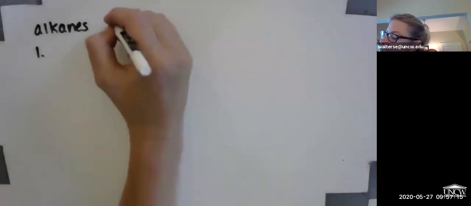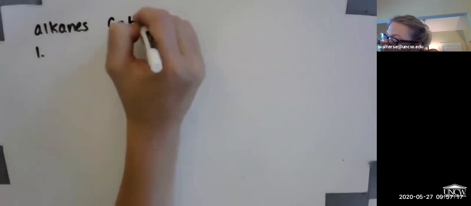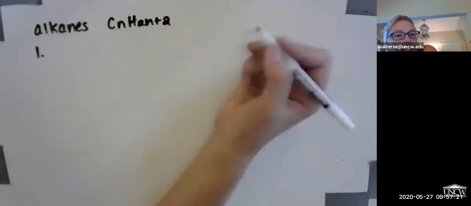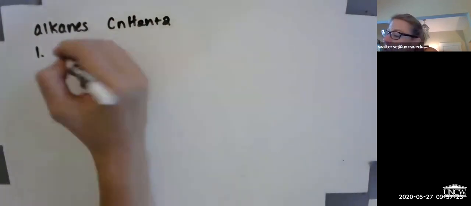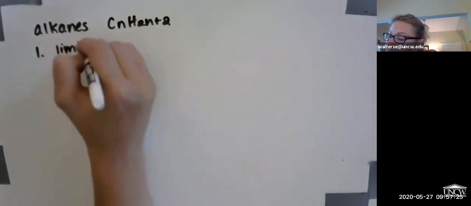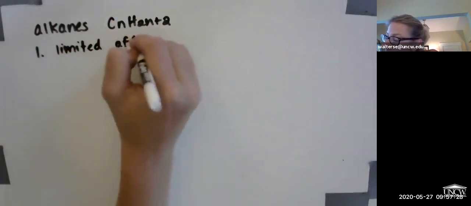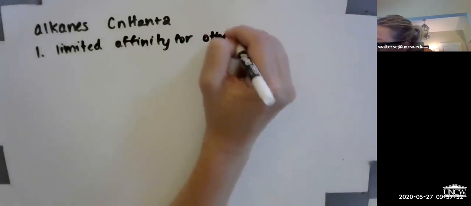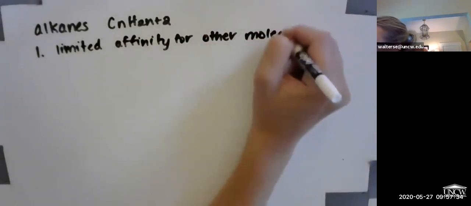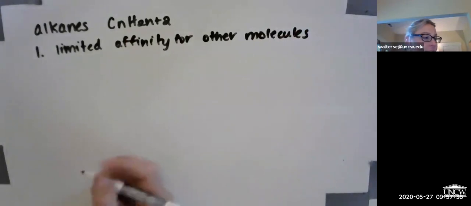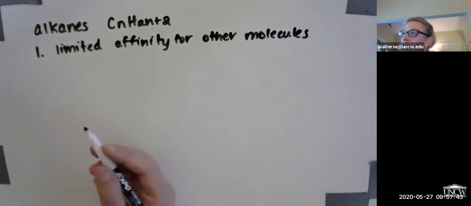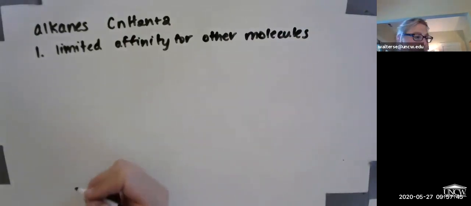But these are just CnH2n+2 as a family, and the cyclohexane type things. So these have limited affinity for other molecules, because alkanes are nonpolar, so they can only interact with other molecules through London dispersion forces.